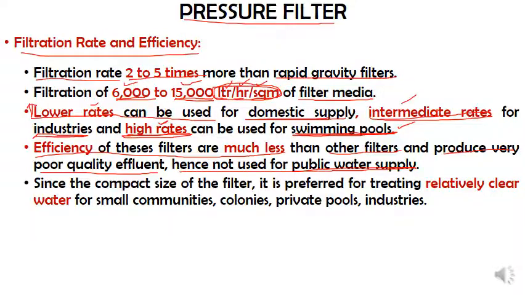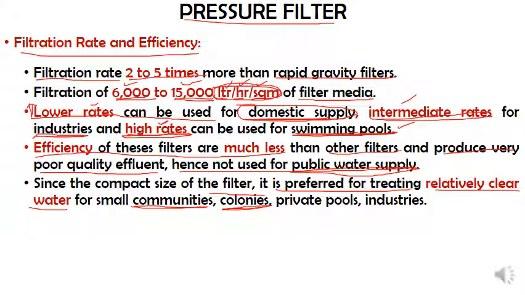You might ask me, so what is this domestic supply then? Usually domestic supply here means small communities or small colonies, where we can use this pressure filter, but not for the entire public water supply system. Since the filter is compact, it is preferred for treating relatively clearer water.